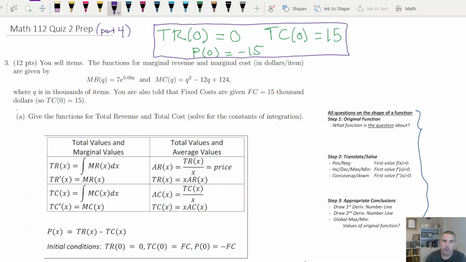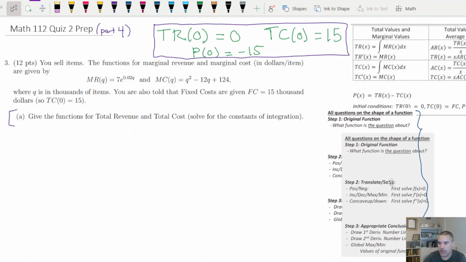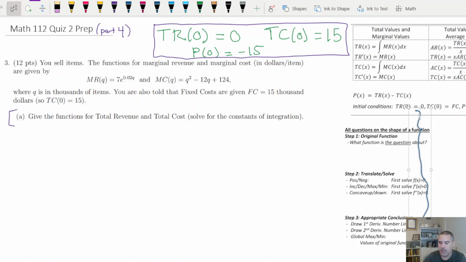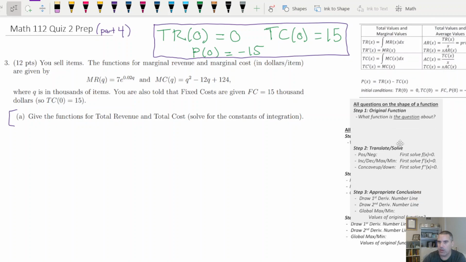And this first question is an antiderivative question. So let's review antiderivatives and how we use initial conditions. Now, there's one other thing I need to address, which has surprised me this week. I encountered 4 different students that had this problem.